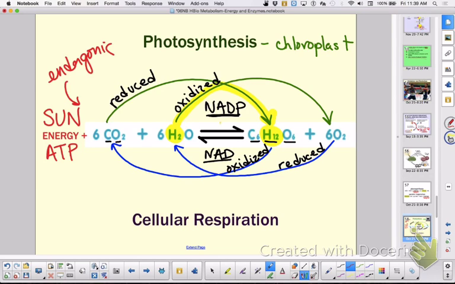Exergonic, because we're releasing that energy. Okay, so exergonic. And where is this taking place? In the mitochondria. Mitochondria is plural, mitochondrion is singular.